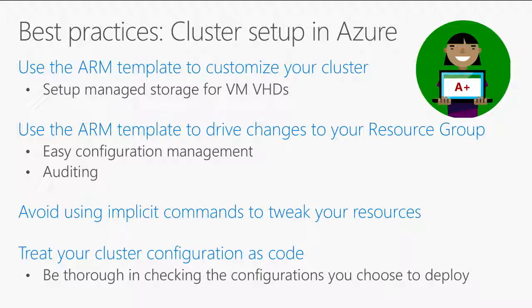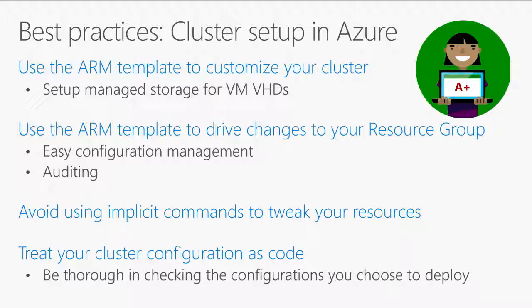The other thing which we follow is, although it is easy to use implicit commands to tweak a resource, for example, when you need an additional VM, it's very easy to send a command directly to CRP and add a machine into one of your VMSS.